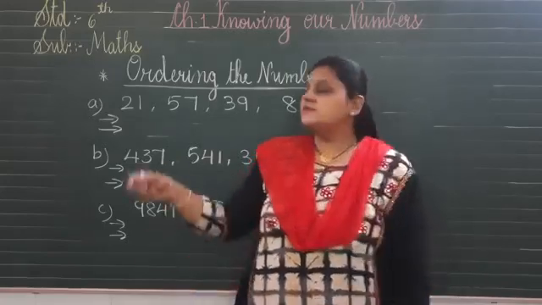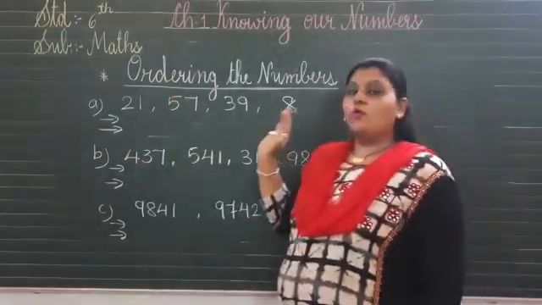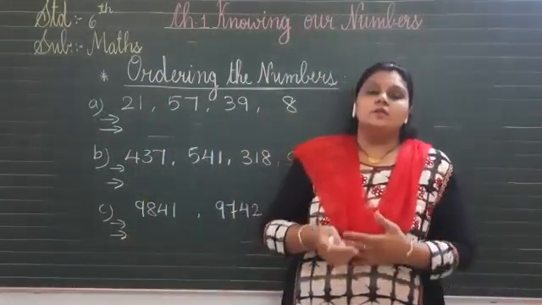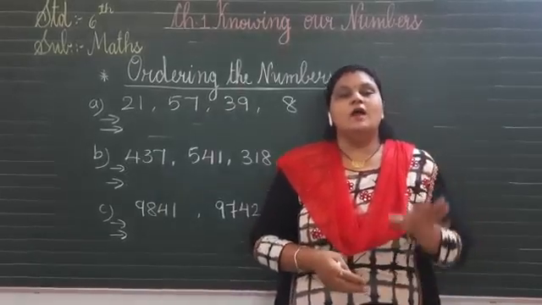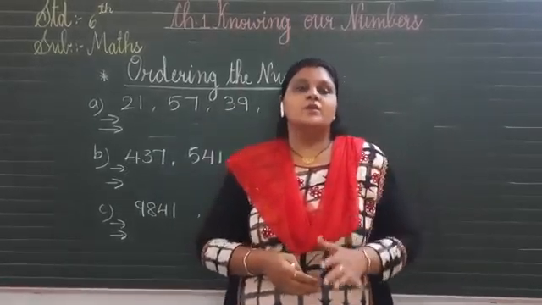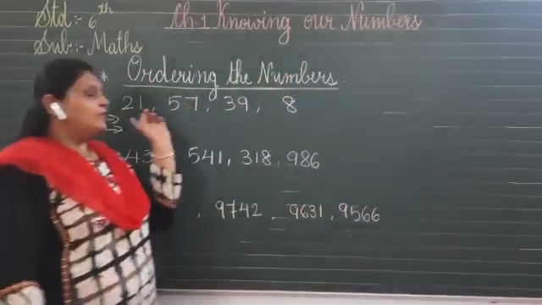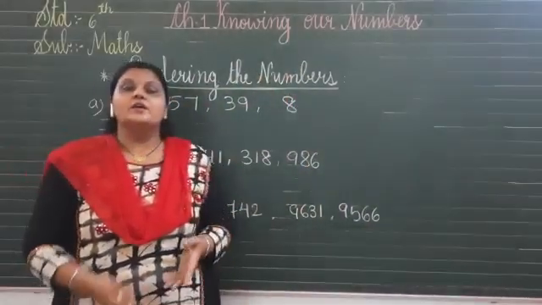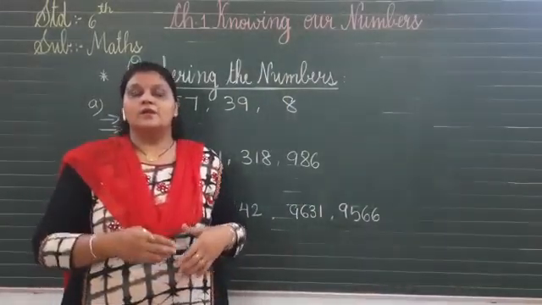Next topic is ordering the numbers. How to order? Now ordering the numbers includes 2 points, ascending order and descending order. Whenever we want to arrange a set of numbers in ascending order, we have to start from the smaller number.